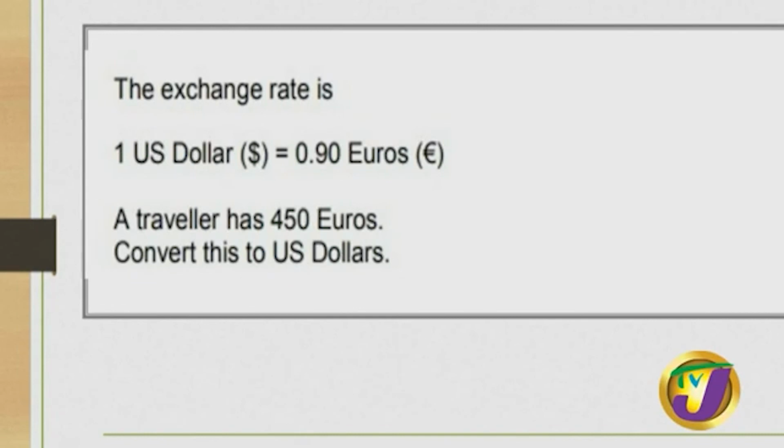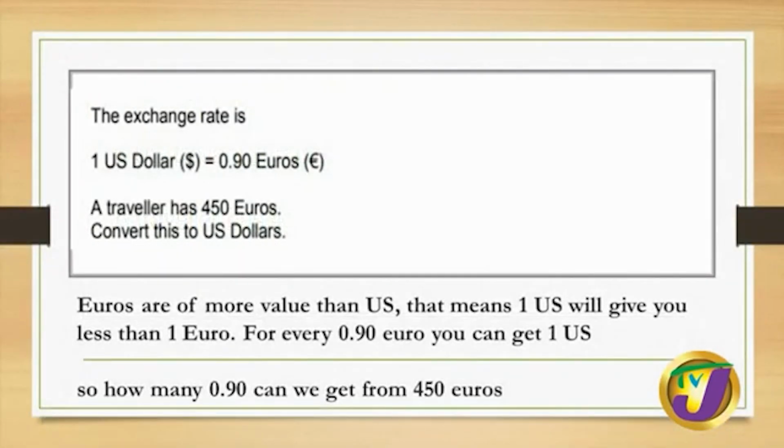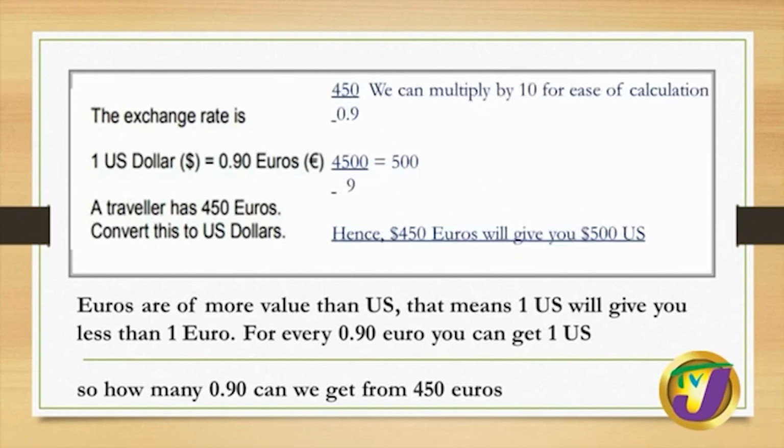So let's look. Euros are of more value than US. That means 1 US will give you less than 1 euro. For every 90 cents euro, you get 1 US. So how many 90 cents can we get from 450 euros? And we would divide. And when we divide, what I did here, we multiply by 10, it gives you the same value, but it's easier to work with.